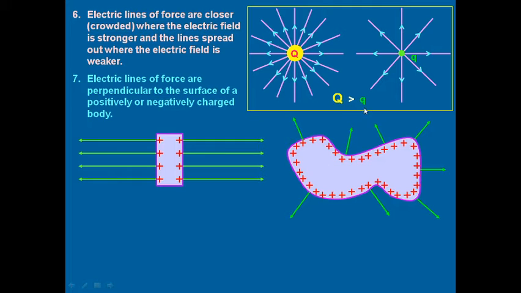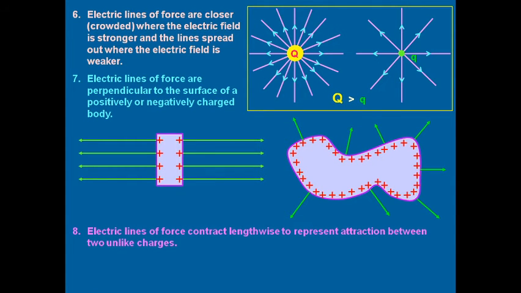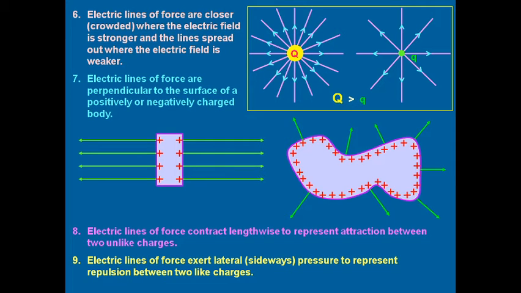Electric field lines are always perpendicular at any point on a surface. Already discussed this property: electric lines of force contract lengthwise because that gives the attraction between two unlike charges. Similarly, electric field lines exert lateral pressure to represent repulsion between two field lines. So those are the properties of field lines.